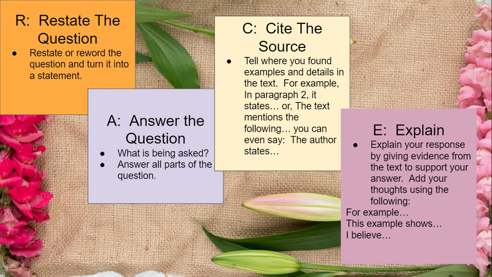Tell where you found examples and details in the text. For example, in paragraph 2, it states, or the text mentions the following. You can even say, the author states. E, explain. Explain your response by giving evidence from the text to support your answer.